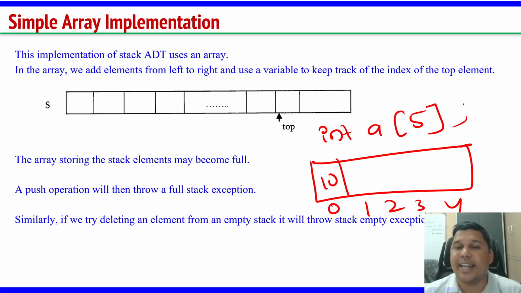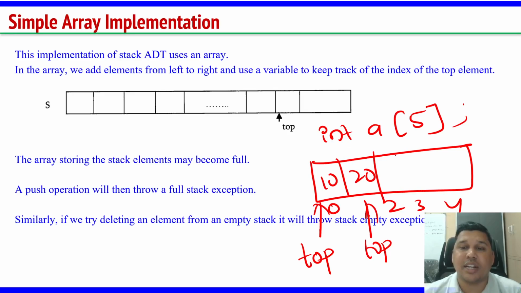See, you are inserting an element, that is 10. You maintain a pointer top. You are inserting the second element, you put 20 here, then your top will become this. When you are inserting the third element 30, this will become your top. So, when you want to delete an element, you just move your top to this, that is it.